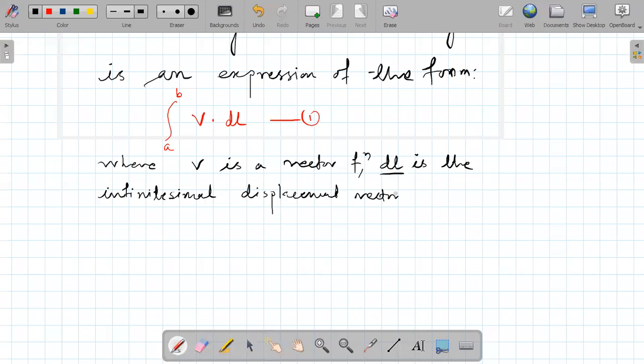V is a vector function and dl is the displacement vector. And the integral is to be carried out along a prescribed path from point A to B. The initial or starting point is A and the final point is B.